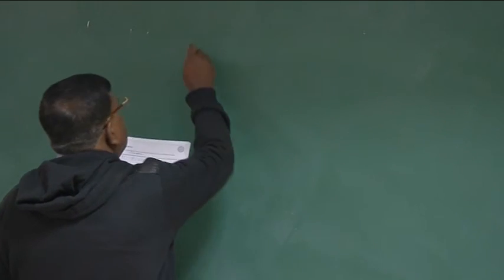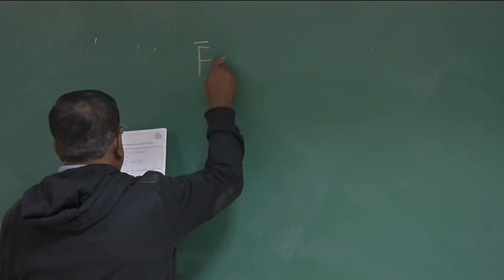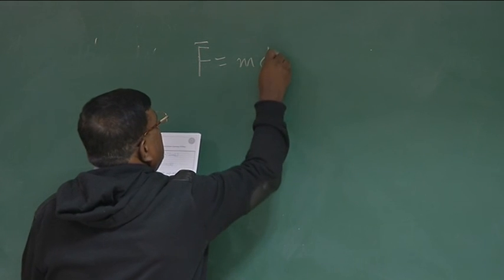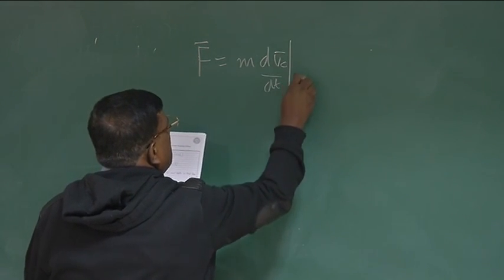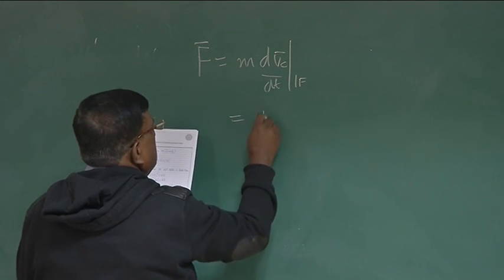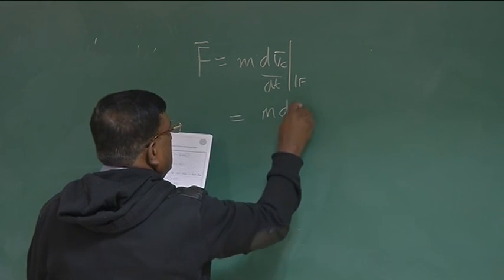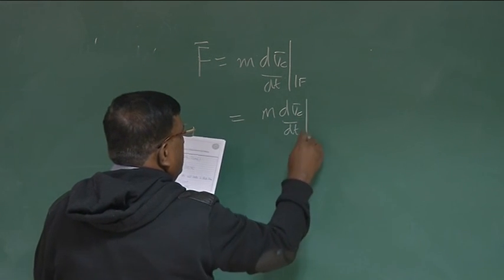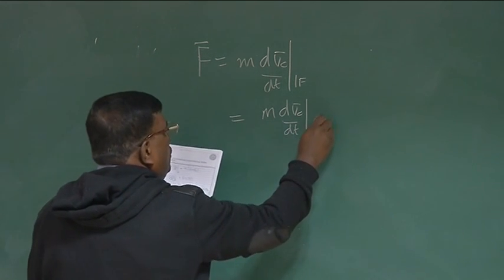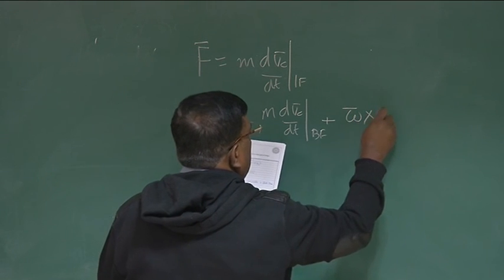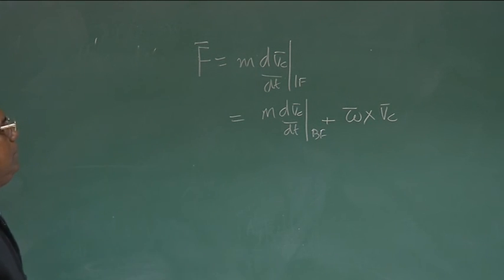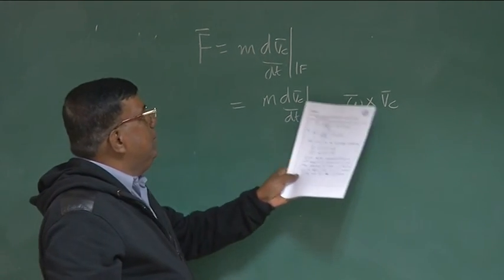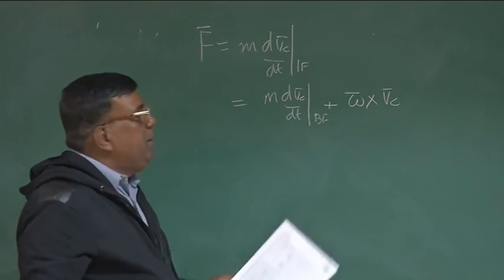What we wanted was F equal to m dVc by dt in the inertial frame, and now we know that this is equivalent to m dVc by dt in the body or rotating frame, plus omega cross Vc. This is equivalent to working in the body frame.